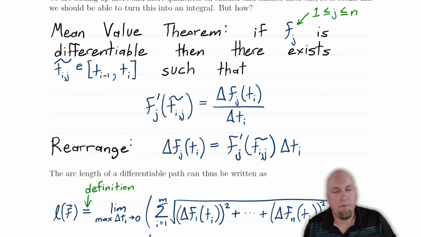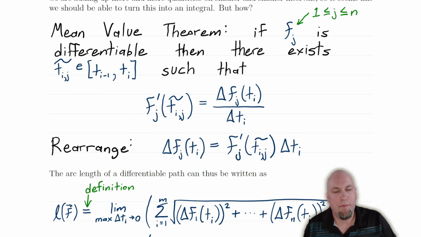So even though there are n different ti tildes, in the regime that we care about, where the delta ti's are going to 0, these n different input points all have to be really, really close to each other, because they're all in the same interval of super small width. And therefore, these f1 prime, f2 prime, all the way up to fn prime have to be really close to what they would be if we only plugged in one ti tilde as well. So that's the high level idea here.